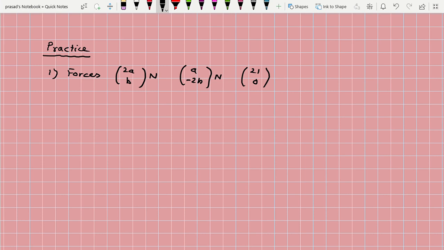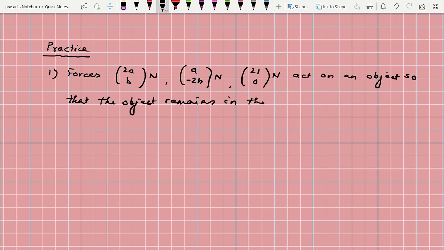These are the three forces acting on an object so that the object remains in equilibrium.